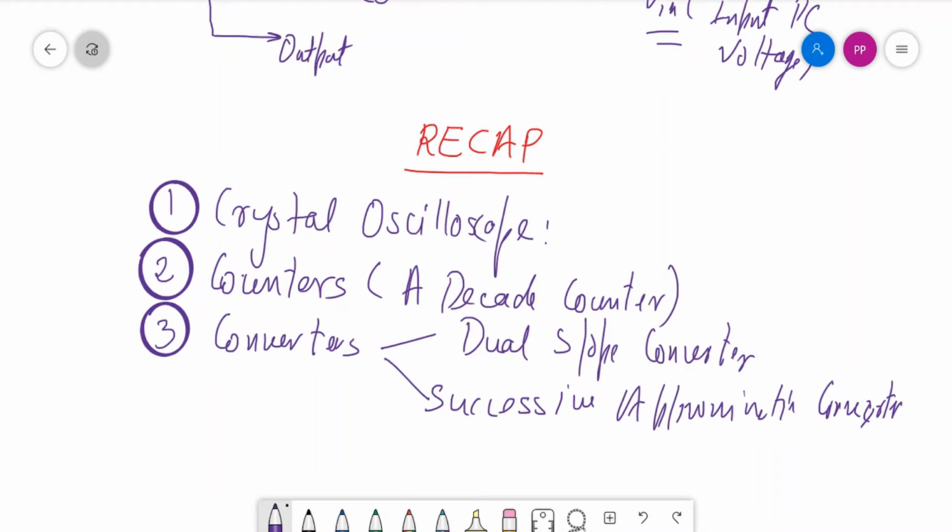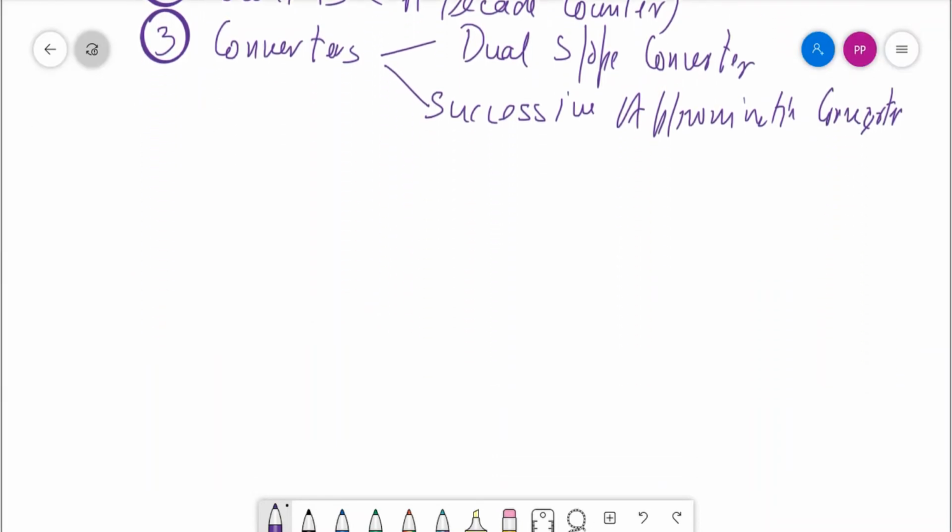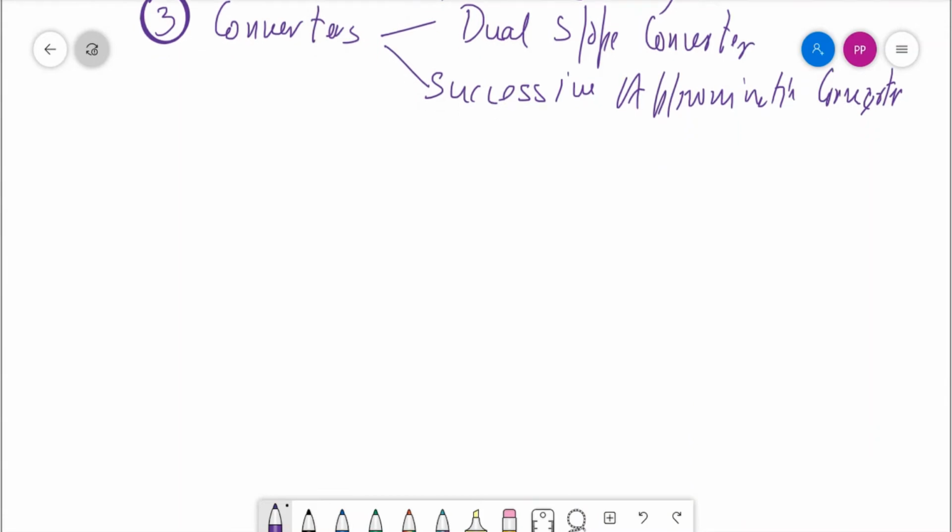As the name suggests, in the case of the dual slope converter, we have dual slope of charging and discharging. Here we use op amps as integrator and comparator, while a 16-bit binary counter is used for counting and display purposes.